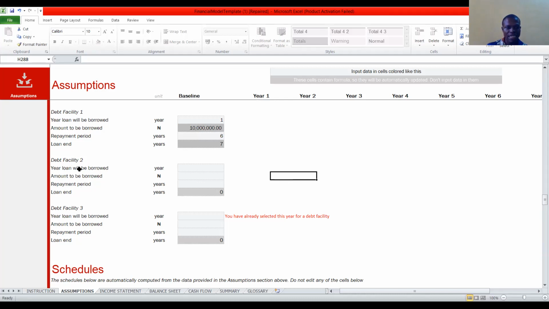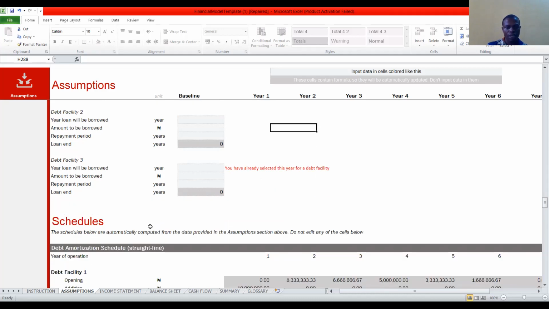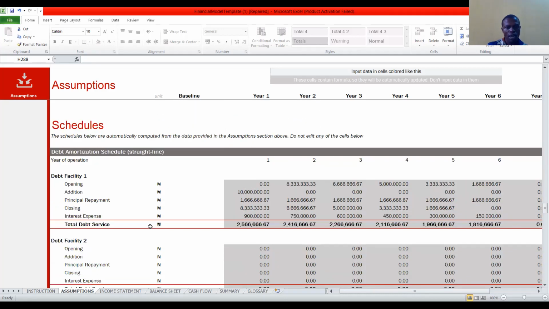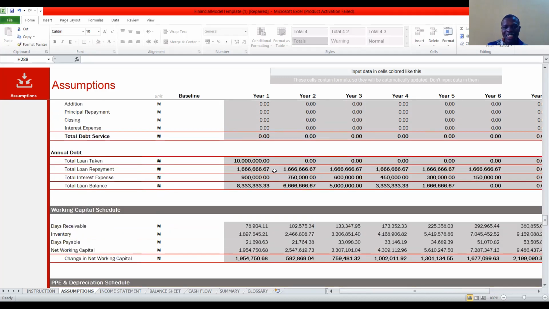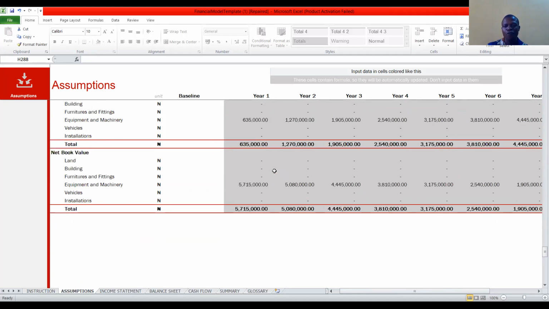You don't have anything here, except you are expecting other facilities in year 2 or introducing other facilities in year 3. So you don't need to touch this shaded portion. As it is, we are done with our financial template preparation.